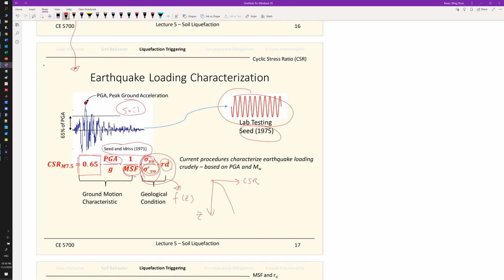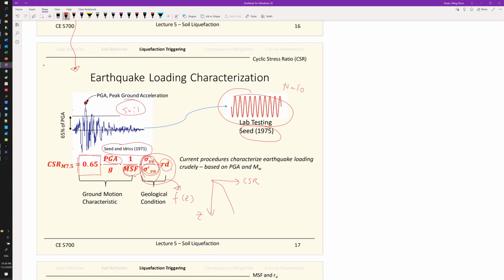So what Seed's 1975 work did is take 65% of the PGA and convert that into a series of harmonic motions. He tried to represent earthquake ground motions by a series of about 10 harmonic motions with an amplitude equal to 65% of the PGA.